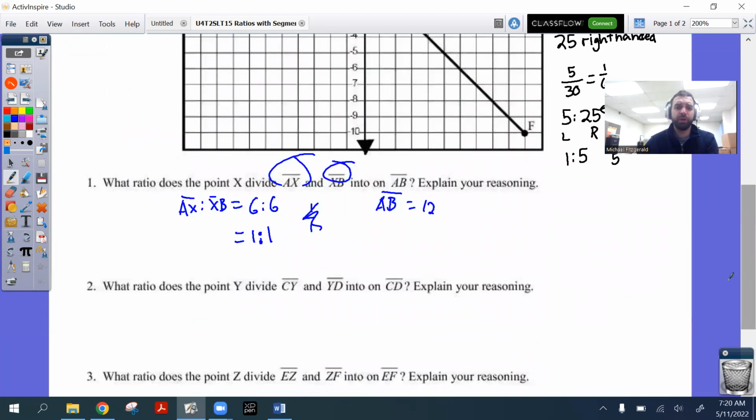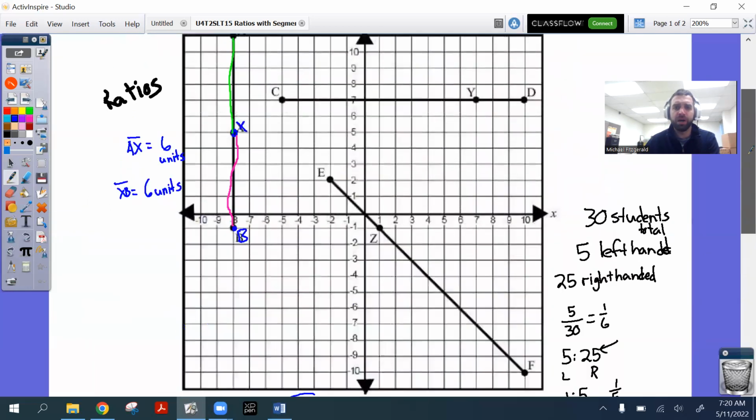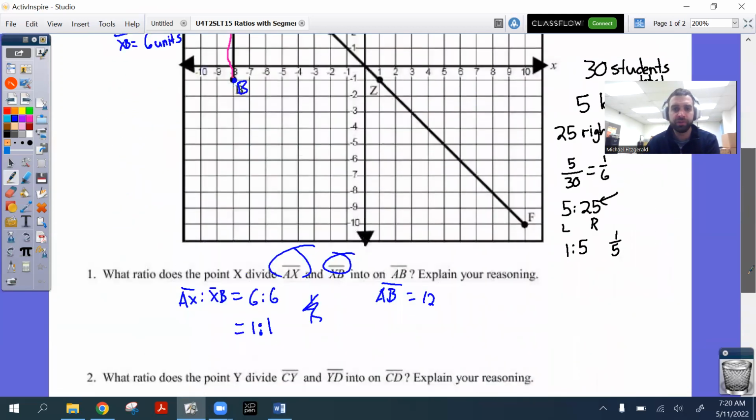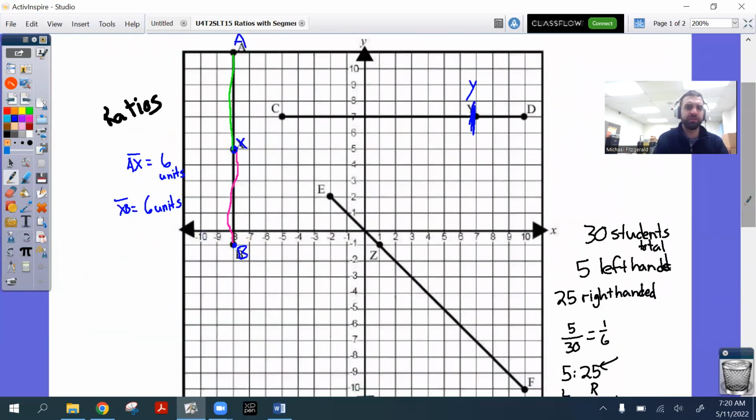What ratio does the point Y divide CY and YD on CD? Okay, so let's see. The point Y, okay, so this is Y right here. So we're using that to divide CY and YD. So let's color those. CY and YD.